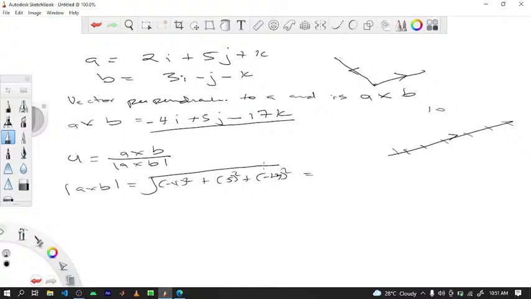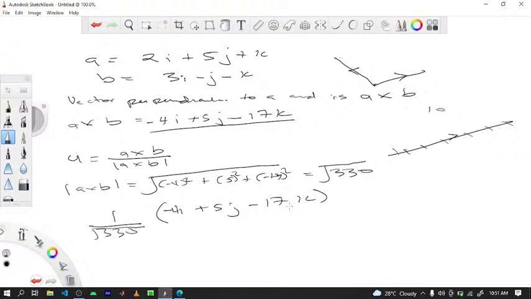Let me just punch that in the calculator quickly. We are getting root of 330. So then our final answer becomes 1 over root of 330 times the vector, which is minus 4i plus 5j minus 17k, right?